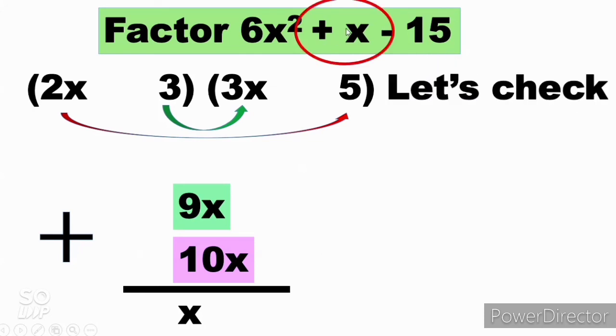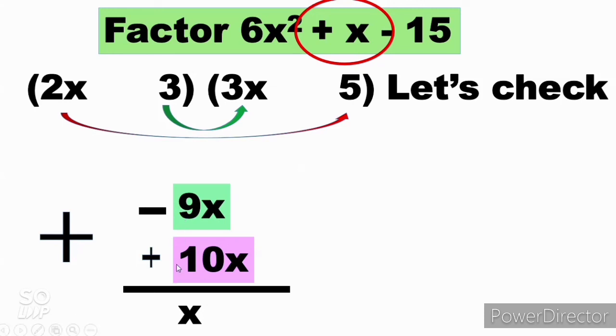Dapat ang result is positive x. Paano natin gagawing positive x? Gawin natin negative 9x at saka positive 10x. Pag pinag-add natin, negative 9 plus 10 equals positive 1. Or negative 9x plus positive 10x equals positive 1x or x na lang ang ilalagay natin.